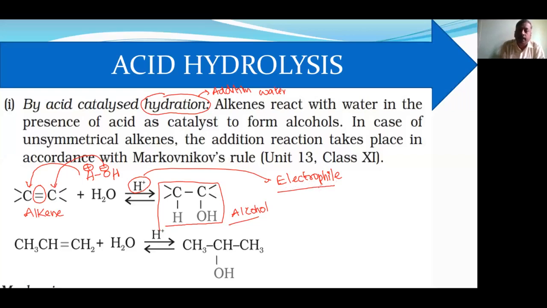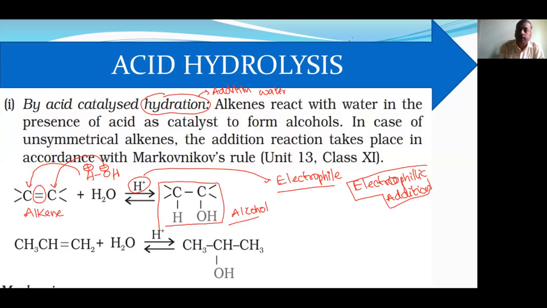Since an electrophile is used, it is called an electrophilic addition reaction. The reaction is initiated by an electrophile, and we are adding with respect to the double bond. That's why it is called an electrophilic addition reaction.